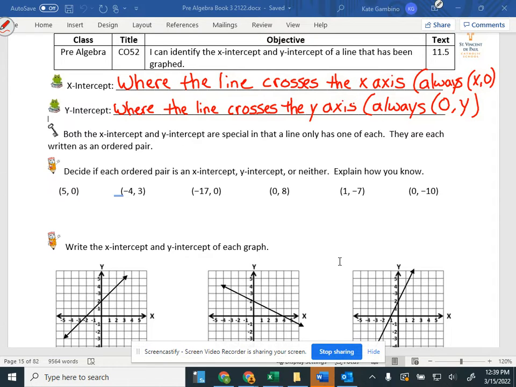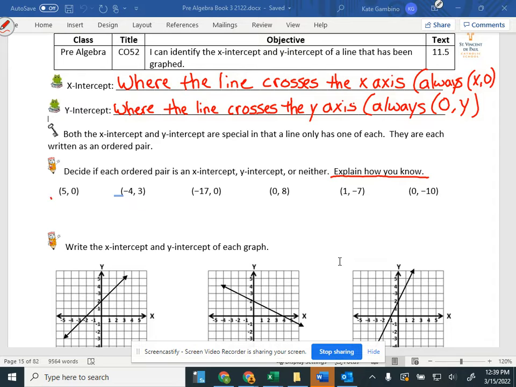And here's the key part. Explain how you know. So if we look at our first one, the coordinates are 5, 0. What do you think that is? Is it an X-intercept, a Y-intercept, or neither? What do you think, Izzy? An X-intercept because it's the X and intercept.